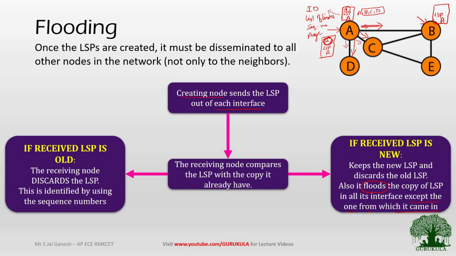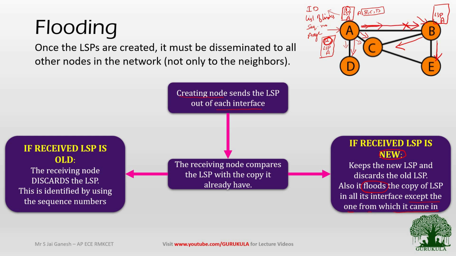This is how the link state algorithm floods all the packets to all the nodes in the network. So in the case of an LSP that is new, B will discard the previous entry and keep the new entry in its table. And not only that, it will send the packet to E as well as C. It will not send the packet to A because that is where it actually came in from.